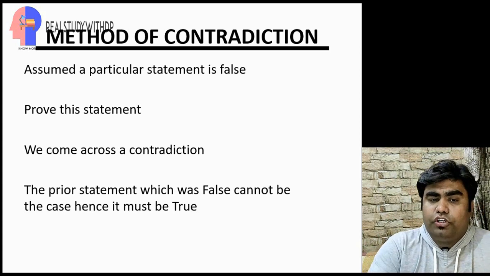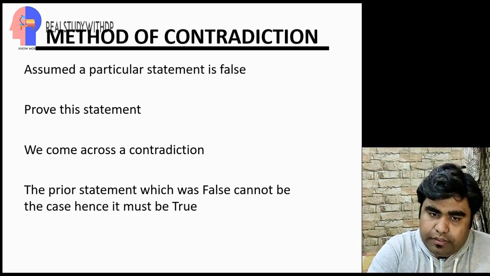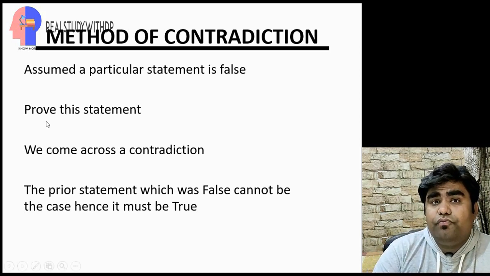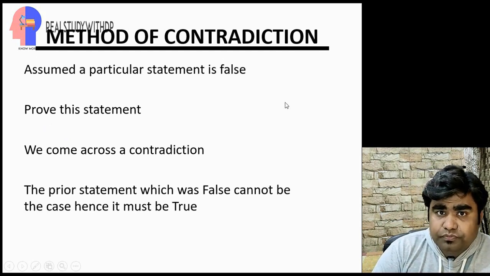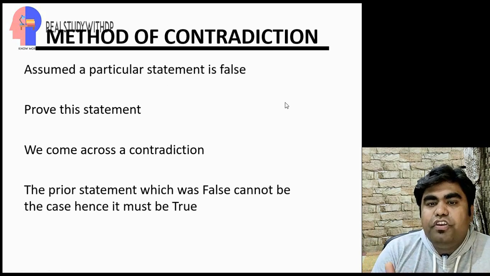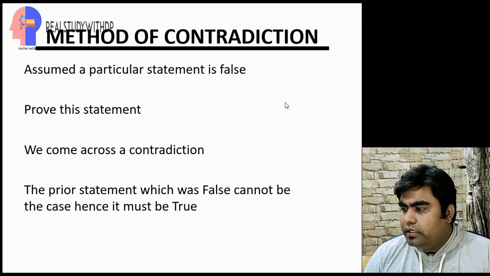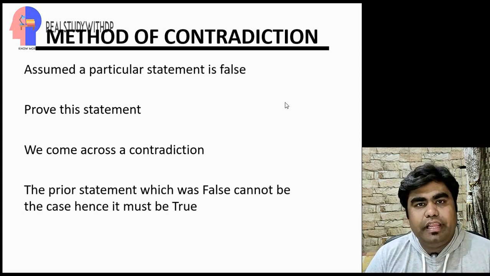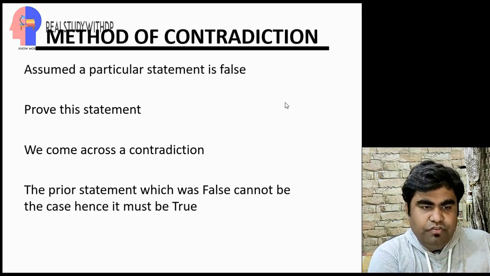So this method of contradiction has basically four major parts. First of all, by this, we prove very obvious statements. We prove mathematically obvious statements, which in day-to-day life are already considered universal truth.